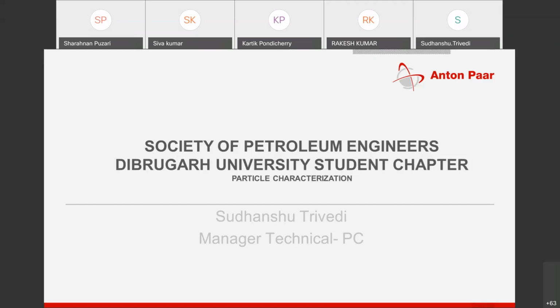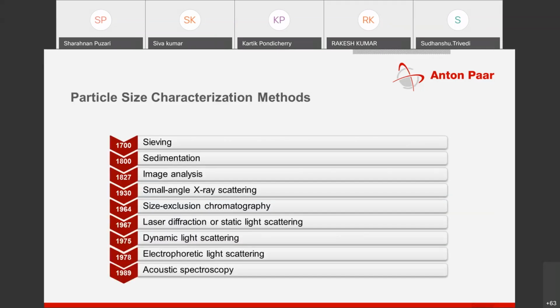Okay. So I'm just starting. There are a lot of particle characterization methods available in the market from 1700 to date. These are the different techniques for particle size analysis, starting from sieving, sedimentation, image analysis, SAXS, and SEC, laser diffraction being one of them, and dynamic light scattering.